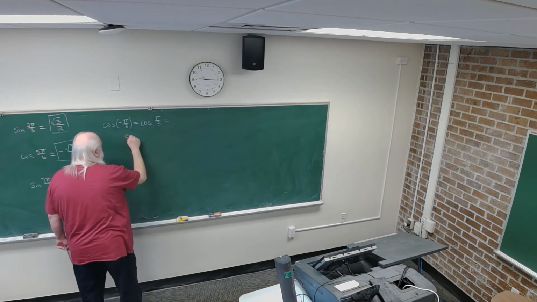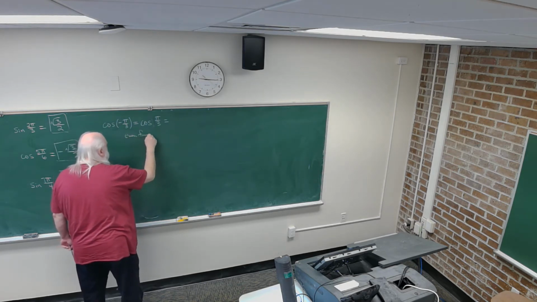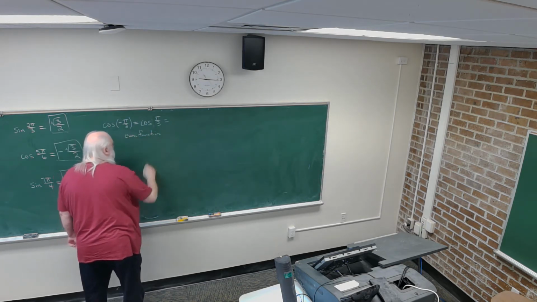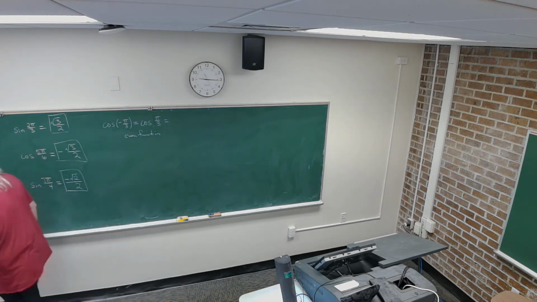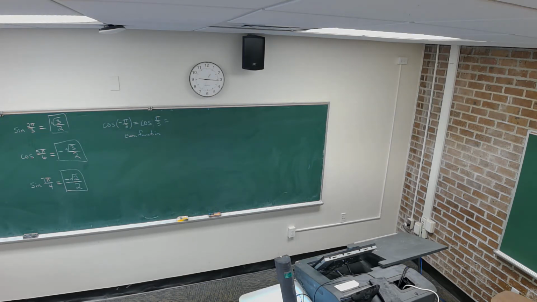Cosine is an even function. And the cosine of pi over 3, go around in a counterclockwise direction. Here's the angle pi over 3, which is the same as 60 degrees. And we noted on Monday, cosine of pi over 3 is equal to 1/2.